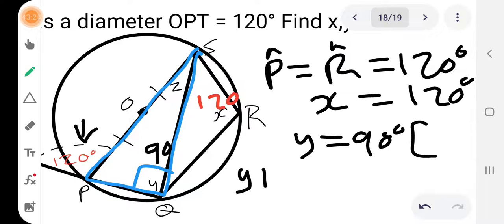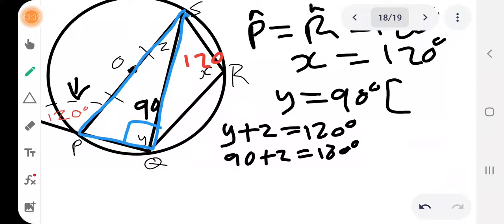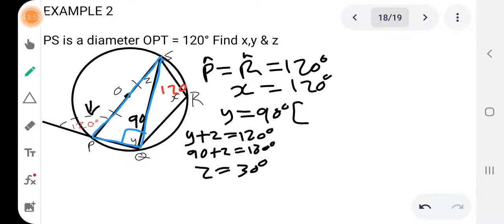That is y plus z equals 120 degrees. Therefore, 90 plus z equals 120 degrees. So your z is going to be 30 degrees. I hope it is clear. That is what they needed you to find.